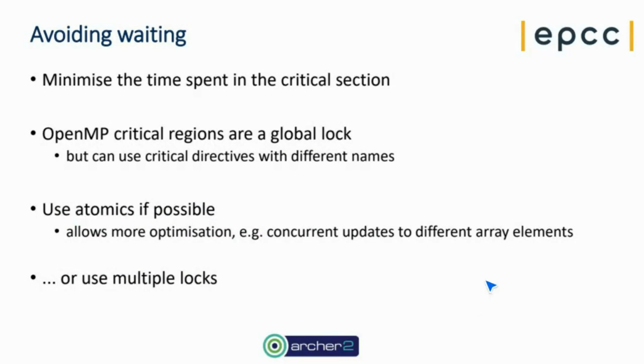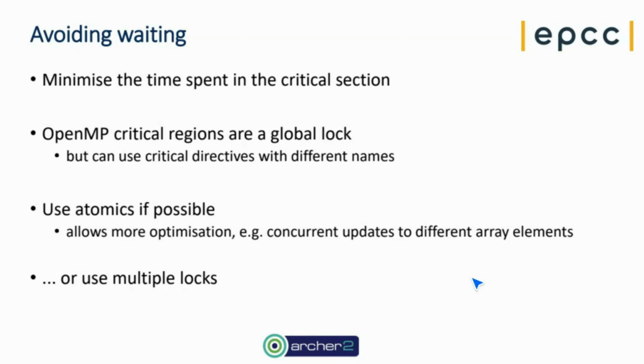What can we do about it? Well, in this case, we can try and minimize the time spent in the critical section. So we can really go after heavy sequential optimization of the code that's inside the critical section to try and minimize the amount of time that's spent in it. In OpenMP critical regions, we use a critical directive. That's effectively a global lock.